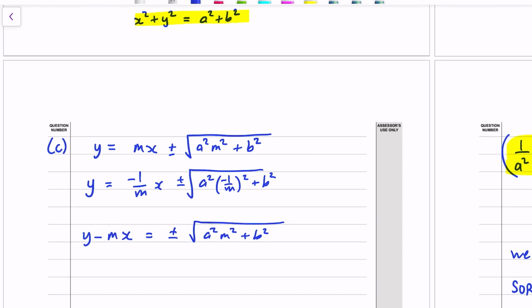For the second equation, I times everything by m, and then move the x term. So I'm going to get my plus x equals plus or minus m times, no, I'm not going to get that, I'm getting a squared over m squared.